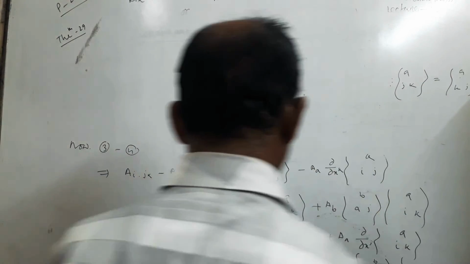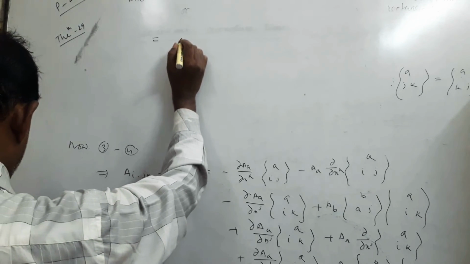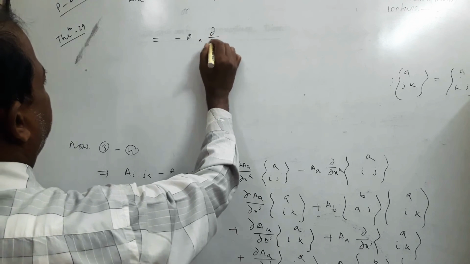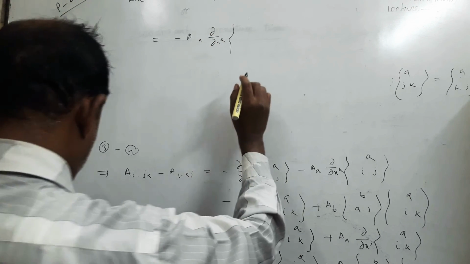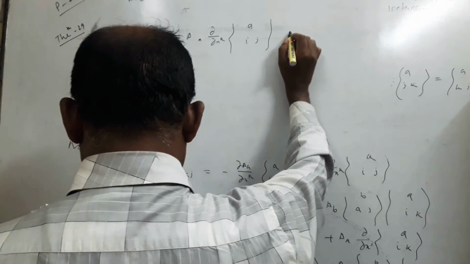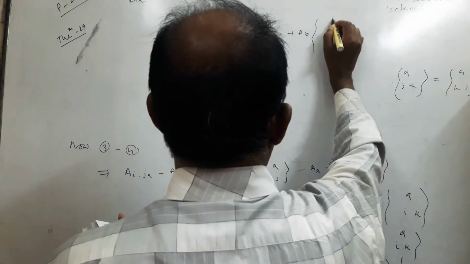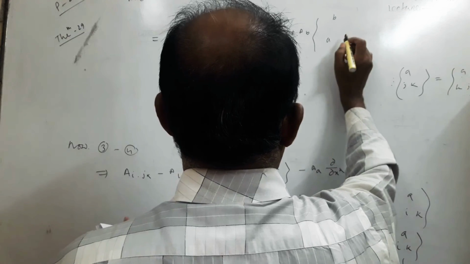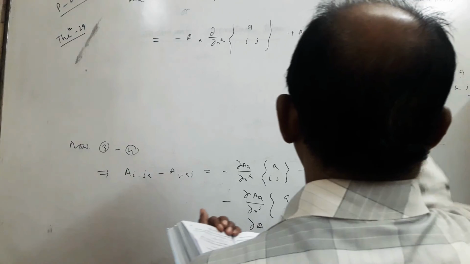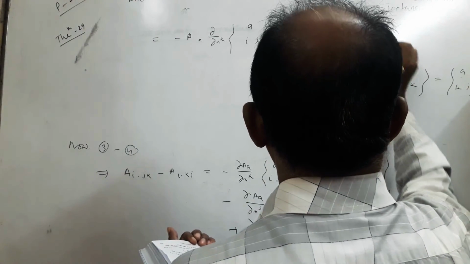Now put these values in the equation. Okay, equal to minus a del by del x k into a I j plus a b is a b a and j a divide a I and k.